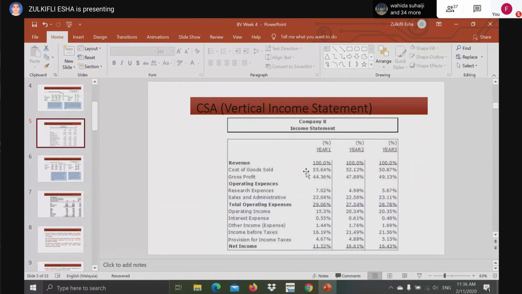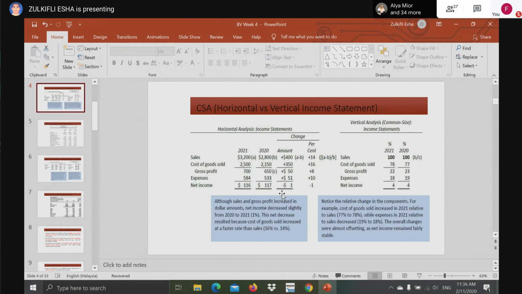So we need to get the data. So from the horizontal analysis, then we will prepare the vertical analysis. So before you can do vertical, you need to do the horizontal first. Horizontal is very straightforward. You just copy paste whatever figure reported in your income statement in this form.